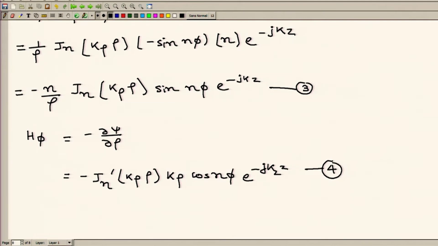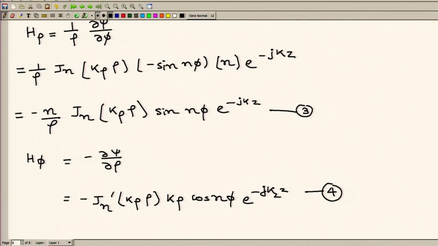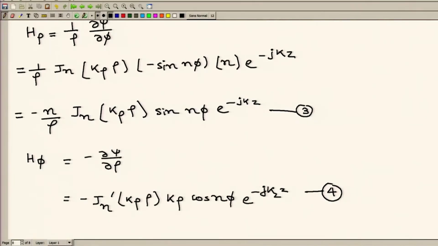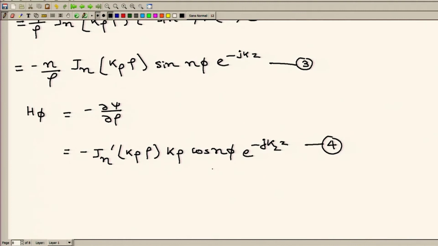Now, to find the attenuation constant: in the question we are asked to find the attenuation constant due to the conductor losses. So, we can write alpha as P d upon twice P f, where P d is the dissipated power and P f is the power flow.